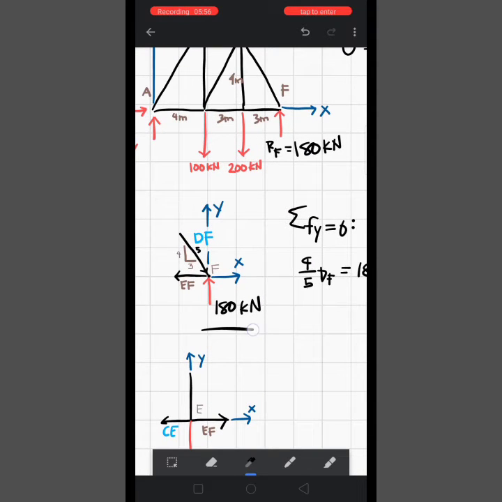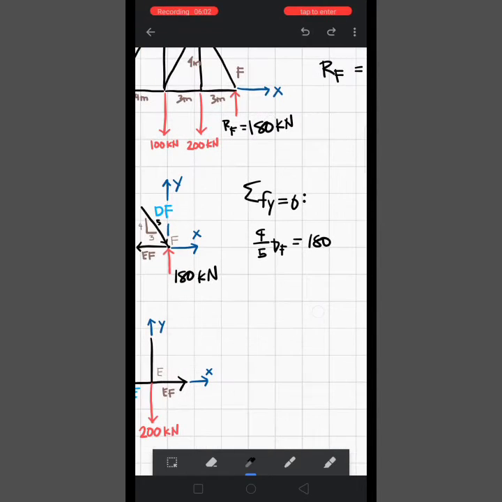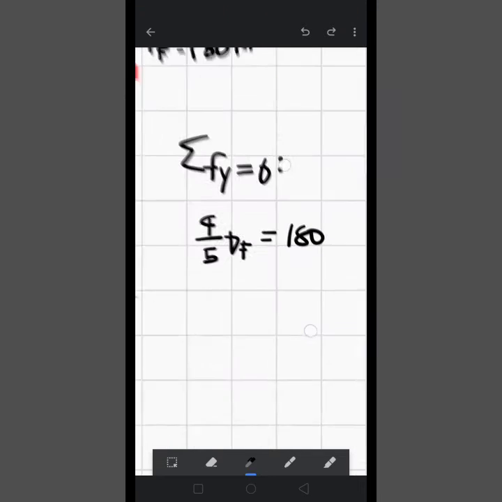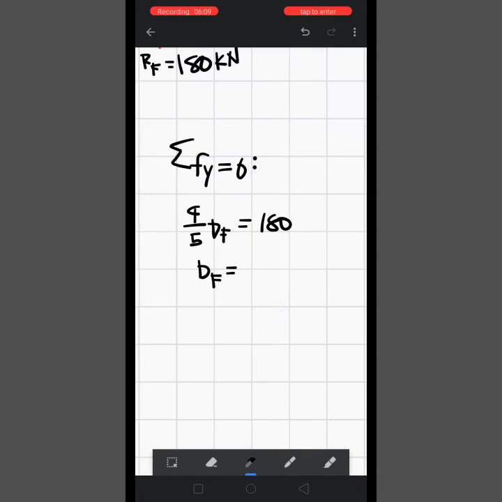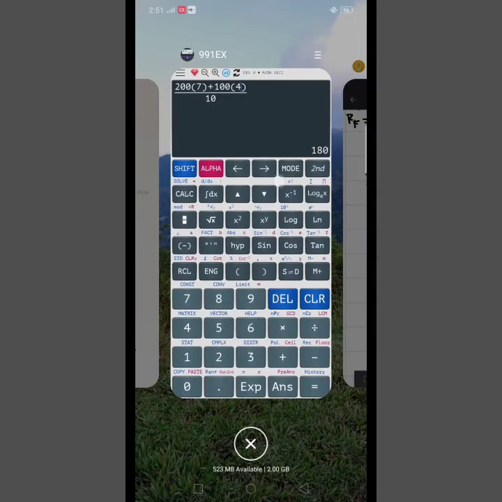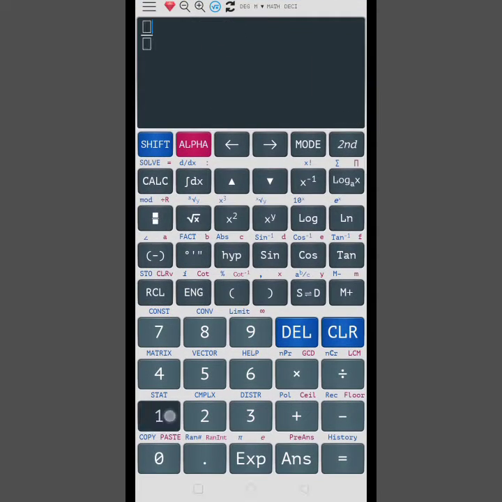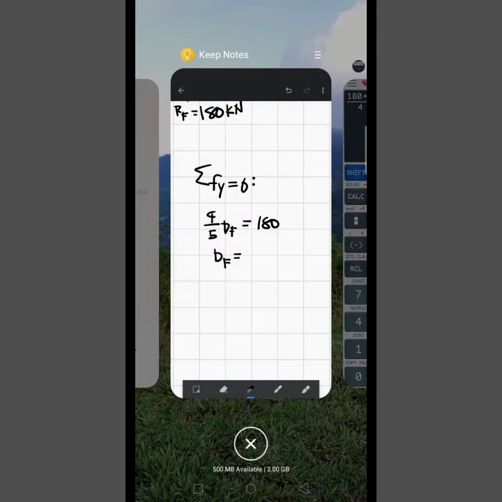I equate directly 180 and the vertical component of DF because it's the only force acting on that point. So DF should be 180 times 5 divided by 4. So it's 225 kilonewtons.